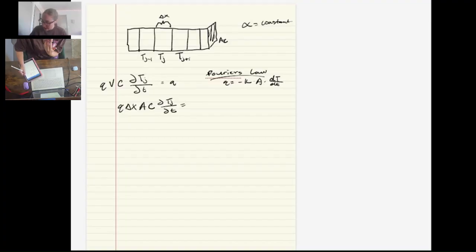We can just plug that into this. What do we know about both of these? We have an area. We can cancel that out to make this simpler. So now we want to really focus on this part here. So let's focus on that.